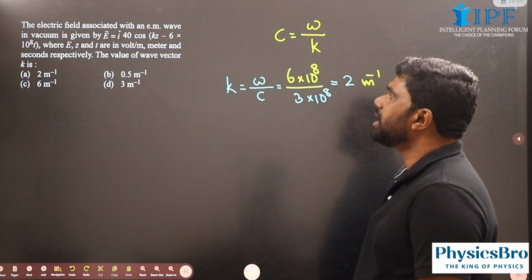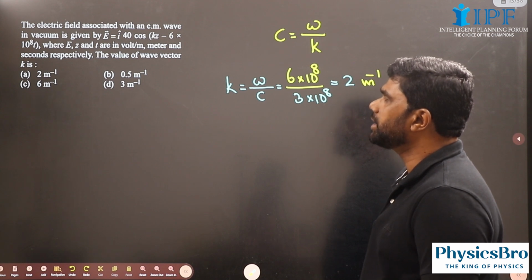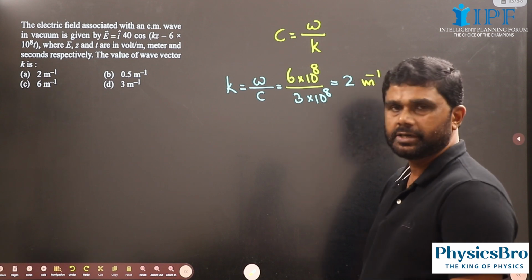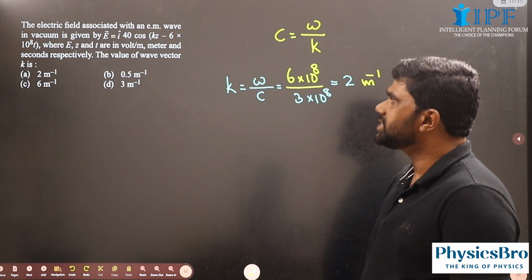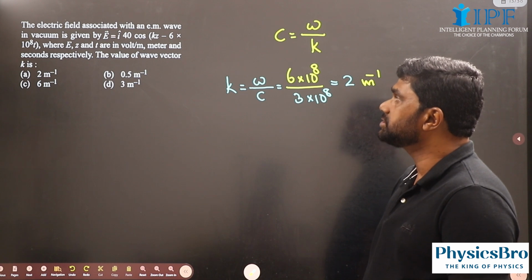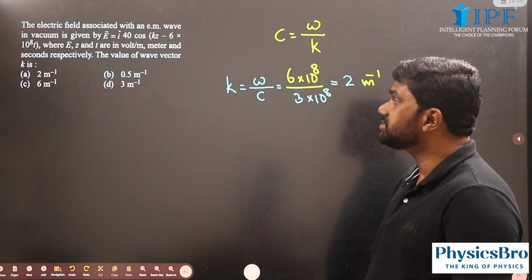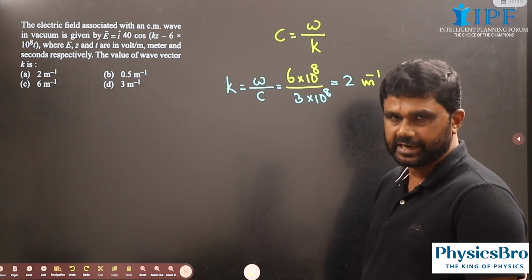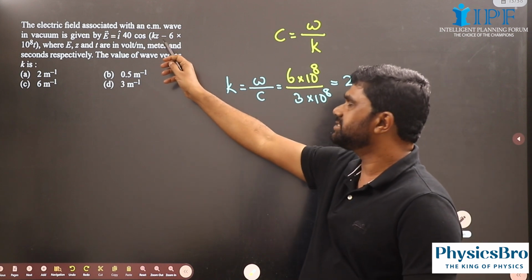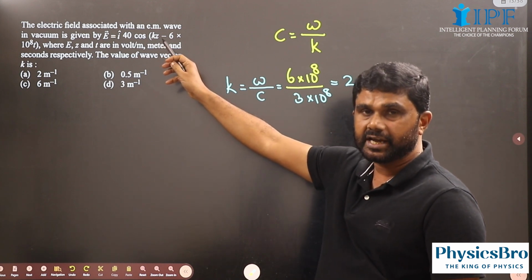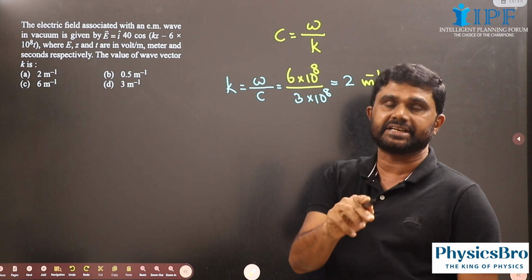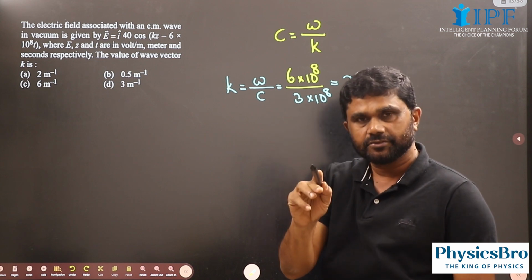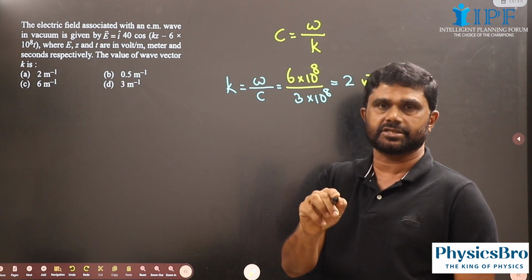The electric field associated with an electromagnetic wave in vacuum is given by E equals i cap 40 cos(kz minus 6 into 10 raised to 8 t). Children, if there is kz, you have to understand that the wave is propagating along the z direction. If there is kx, the wave is propagating along the x direction.